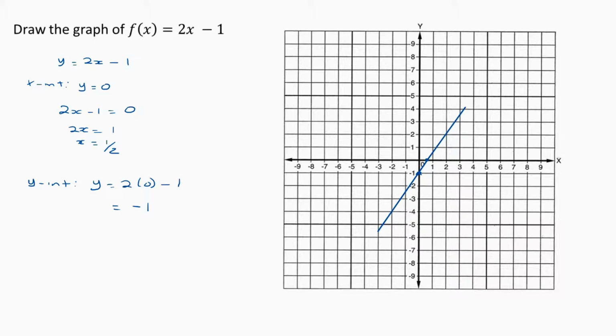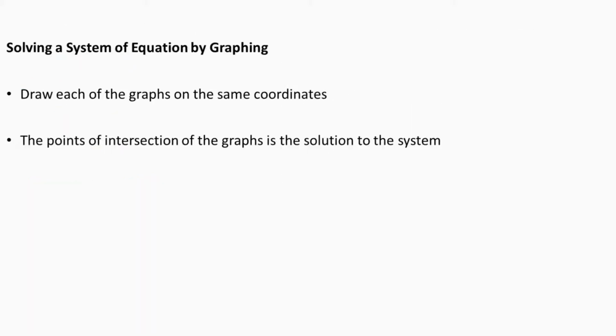So that is the graph of y equal to 2x minus 1. Now to solve a system, you're going to draw both graphs on the graph paper, and we're going to look for the point where both graphs actually touch or intersect. That would be the solution for that system.